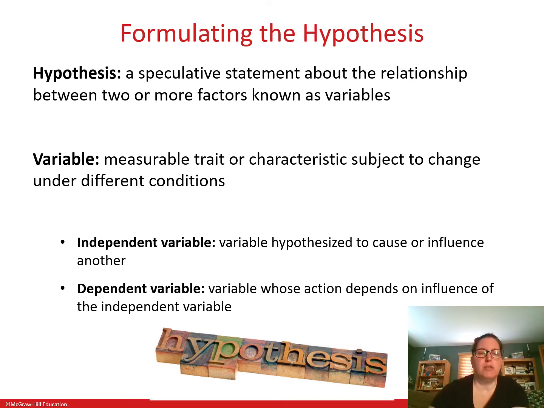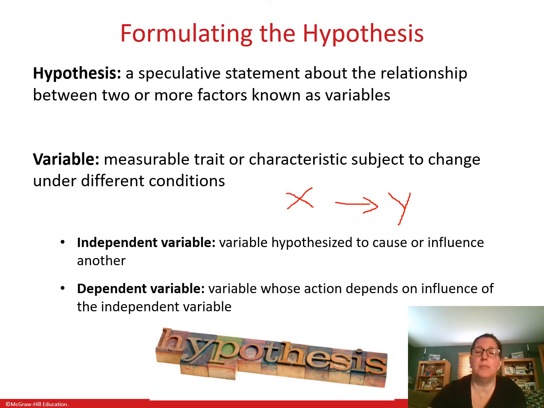We usually illustrate them like this. The independent variable is usually illustrated by the letter X, and the dependent variable by the letter Y. We draw an arrow showing that the independent variable is what's causing the change in the dependent variable.